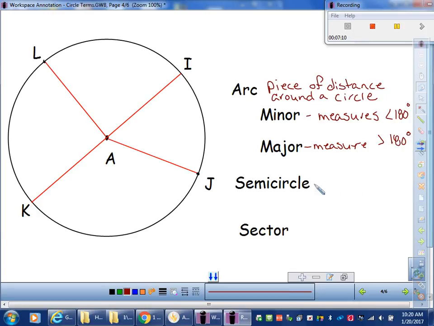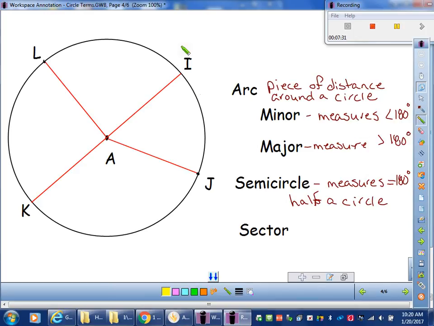And you have your semicircle, which measures exactly 180 degrees, because a semicircle is half a circle. So a good example of a minor arc would be I to J. That's a great example of a minor arc.